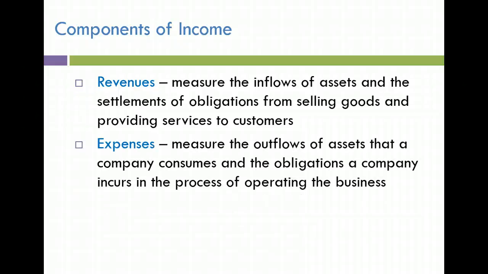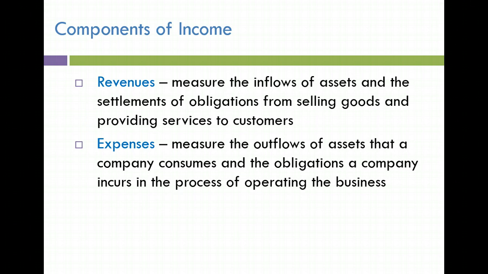Expenses measure the outflow of assets, such as cash, using up cash, that it consumes, and the obligations a company incurs in the process of operating a business. So it may be paying the utility expense. It may be purchasing supplies on credit because we haven't paid for them yet. So the obligations a company incurs for running the business.